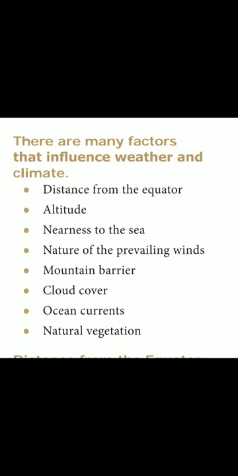So here the mountain chain acts as the natural barrier. It prevents the cold wind and also the escape of monsoon wind, thus having a great influence over the climate. This is the duty of the mountain barrier.